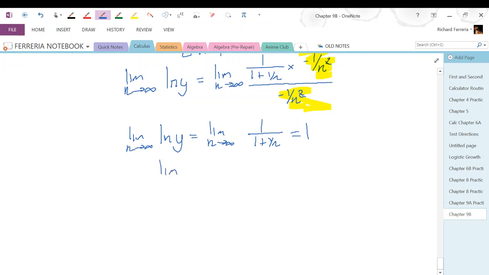So when we exponentiate, the limit as n approaches infinity of y is going to be e to the 1. Or to put it another way, the limit as n approaches infinity of 1 plus 1 over n to the n power is equal to e.